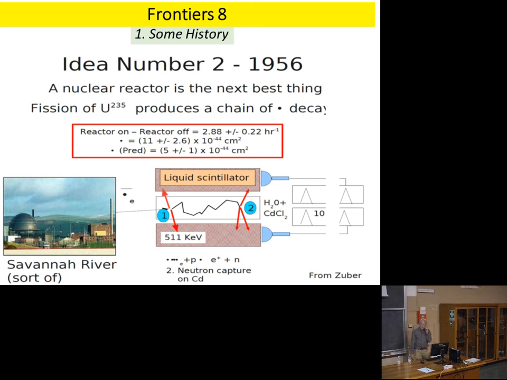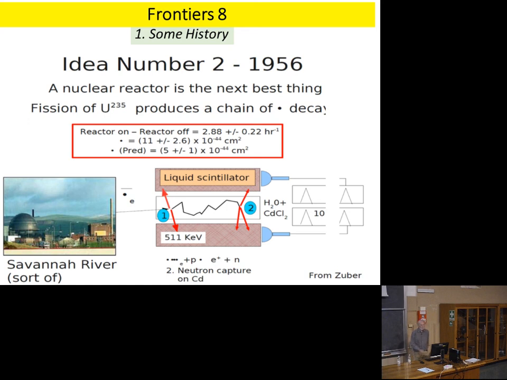They did this, as I said, first at Hanford. The result was somewhat ambiguous, and they did it again at Savannah River. They tested whether they actually saw anything by doing it with the reactor on and the reactor off. They got a result, which you can see here, of 2.88 excess with the reactor on minus the reactor off.